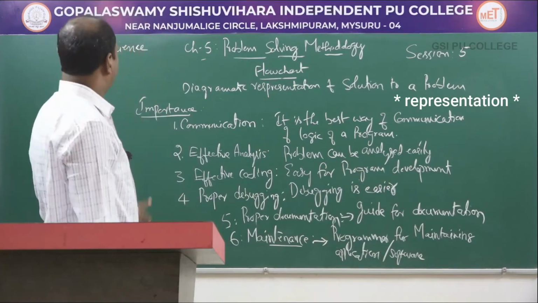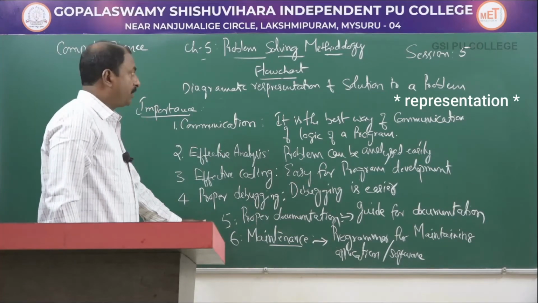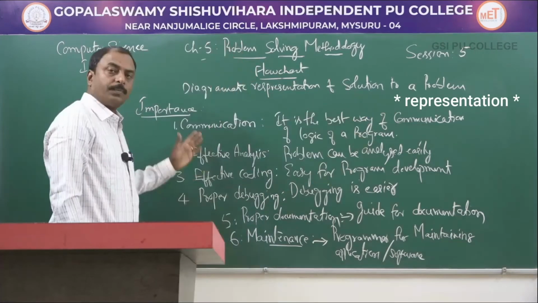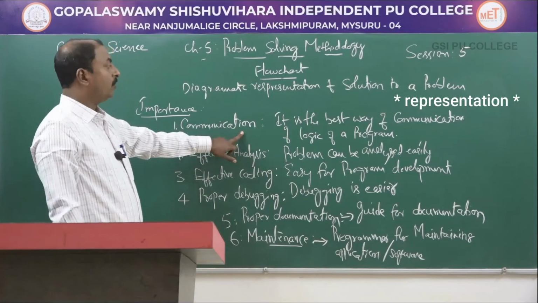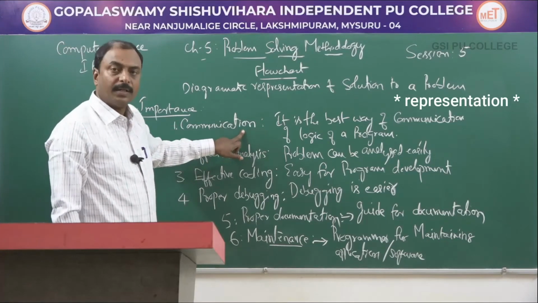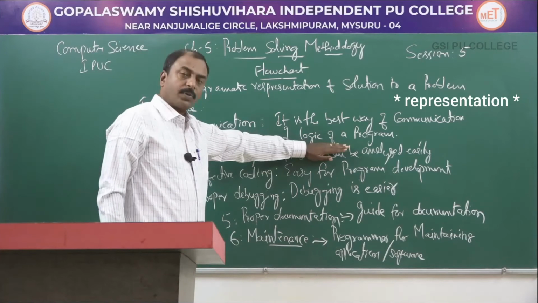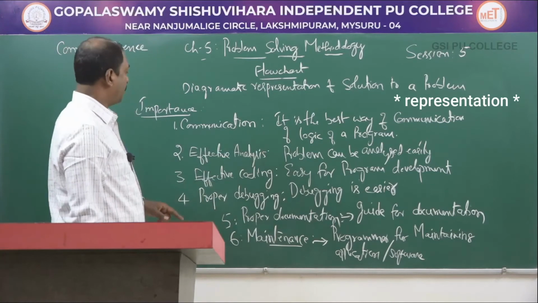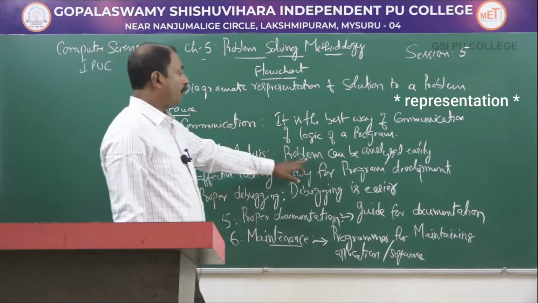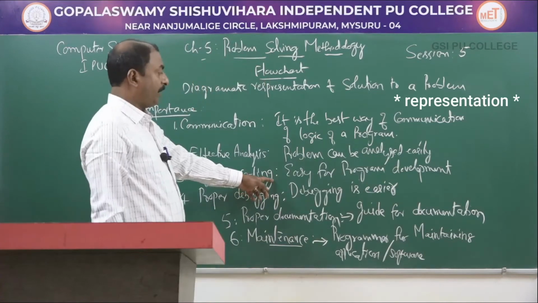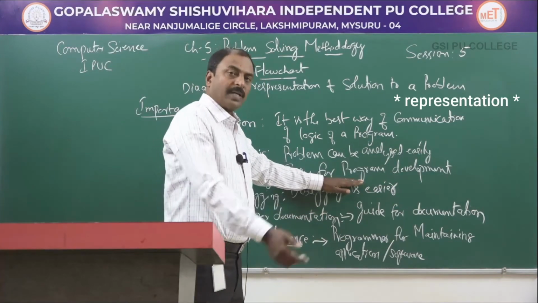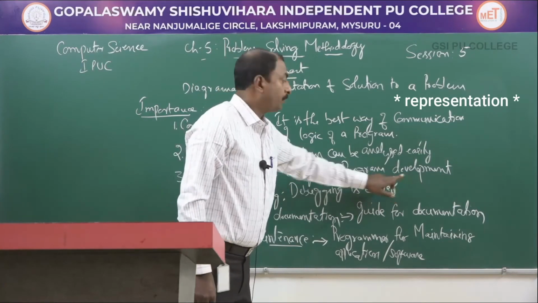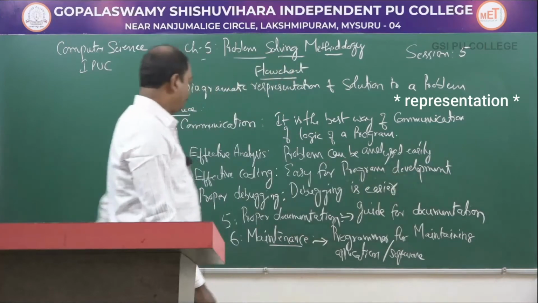Students, these are all the points of importance of flowchart. It is a diagrammatic representation of a problem. Communication: because it is a symbolic or diagrammatic representation, it is easy for the programmer to understand the logic of a program or application. Effective analysis: the problem can be analyzed easily. Coding means converting flowchart into program, which helps the programmer in proper program development.